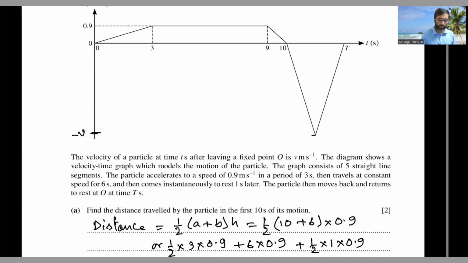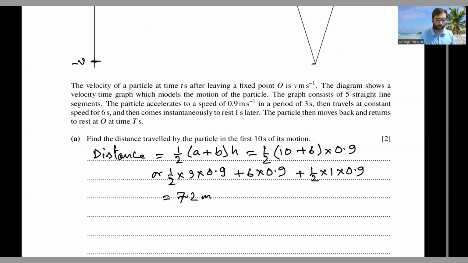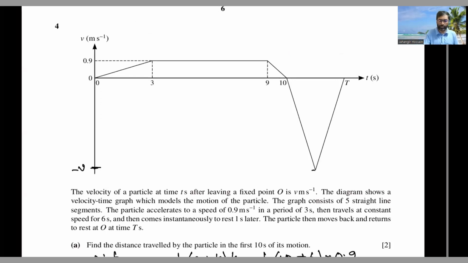So the distance travelled in the first 10 seconds is equal in magnitude to the distance travelled in the second part, from 10 to 12 seconds. So this displacement is equal to the negative displacement of the first 10 seconds.